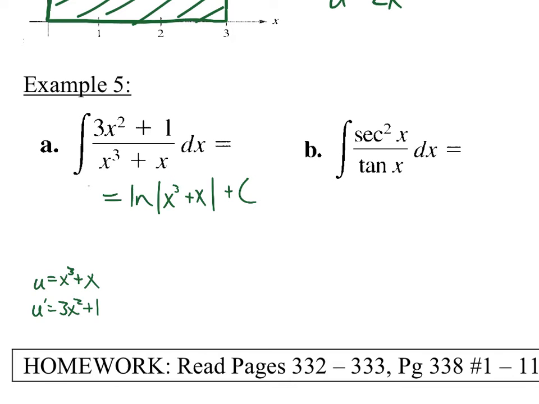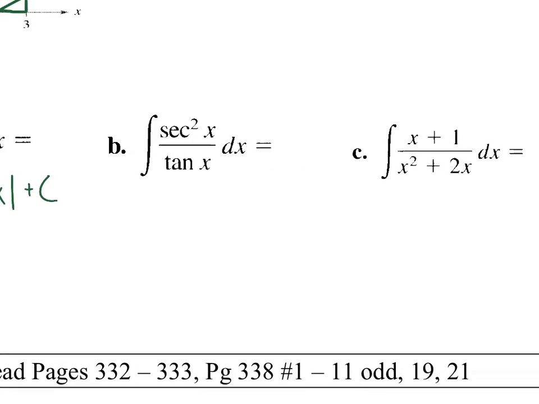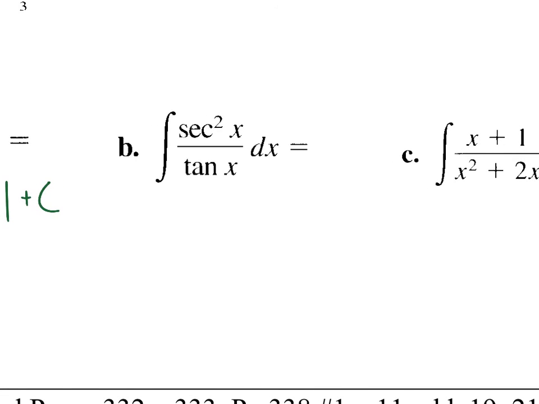Okay? Good. Okay. B. Oh, we got some trig. What do you think we ought to do with this? That's very tricky. You actually could do this a number of different ways. Let me just introduce the easiest way.